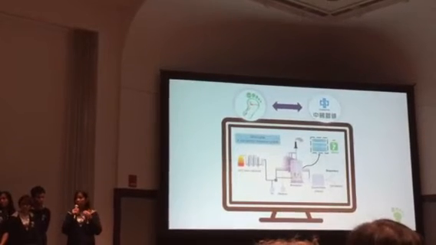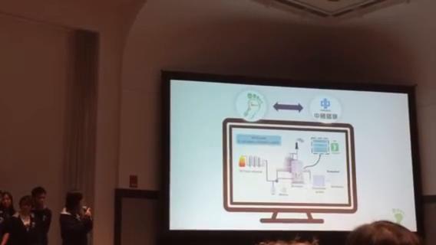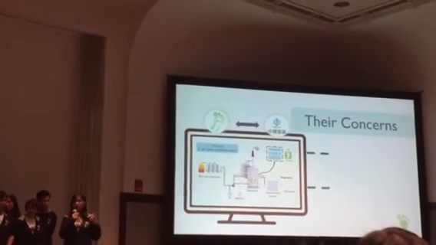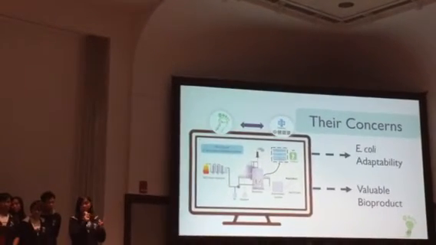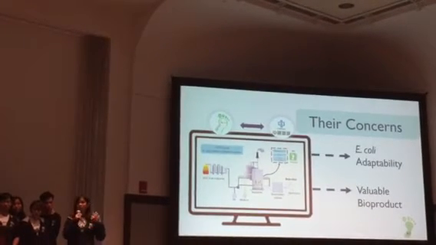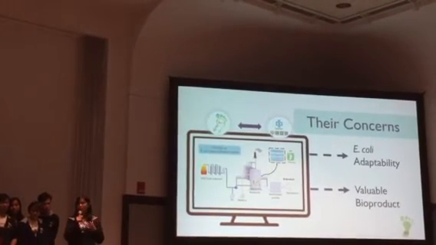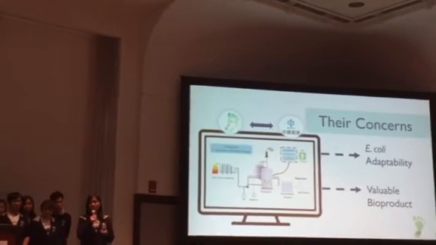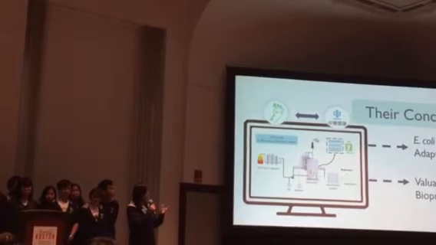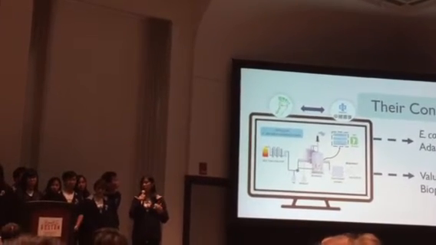But after a meeting with them, the first question from them was about E. coli adaptability. They think that the conditions in industry may not be like the lab. For this question, we answered that maybe the fixation rate is not that good in the lab, but it can still fix carbon.